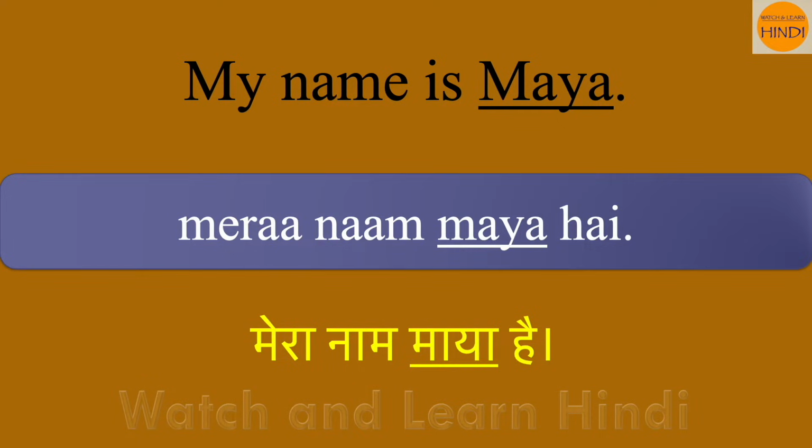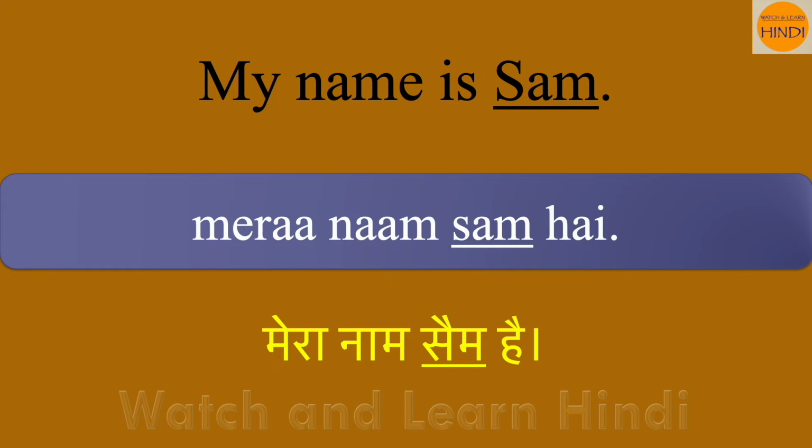In Hindi, you will say, Mera naam Maya hai. Similarly, if your name is Sam, you will say in Hindi, Mera naam Sam hai. So you can put any name, whether male or female, and then you can say, Mera naam, your name, hai.